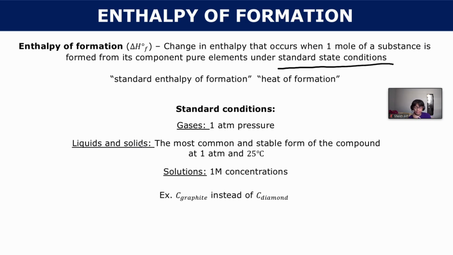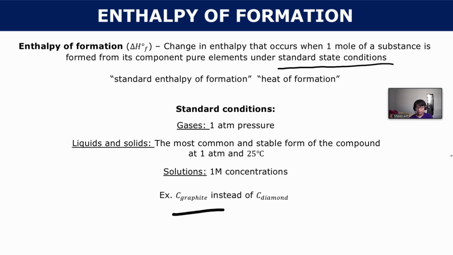So if you're looking at something like carbon, the standard condition of carbon would be the graphite form instead of the diamond form, since graphite is far more common than diamond, obviously. And for solutions, it's just going to be a 1 molar concentration of the solution. So all these are going to be the standard states for their appropriate phase.